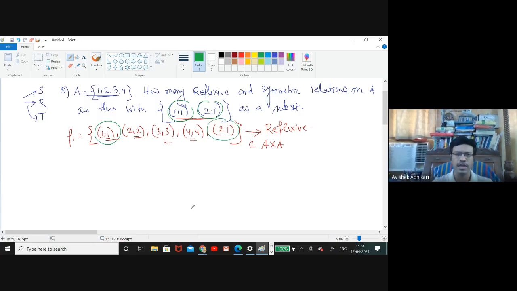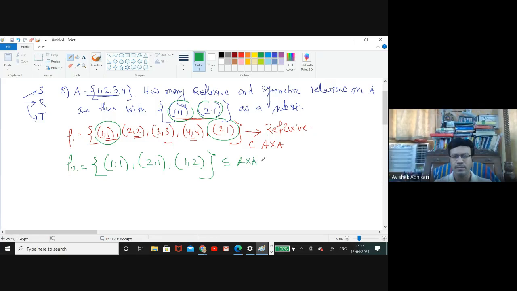Similarly, if I consider rho 2 equal to (1,1), (2,1) and then (1,2), then again this is a subset of A cross A, and these two elements are already there.